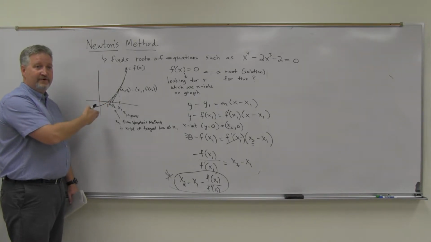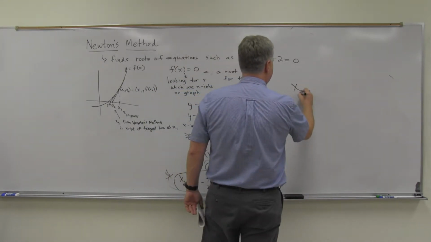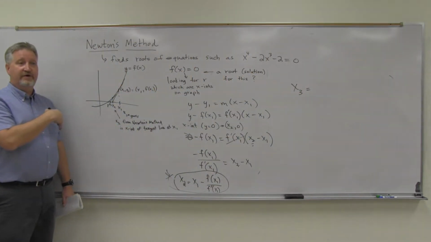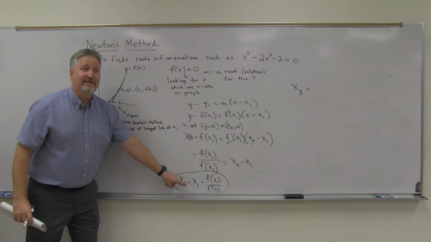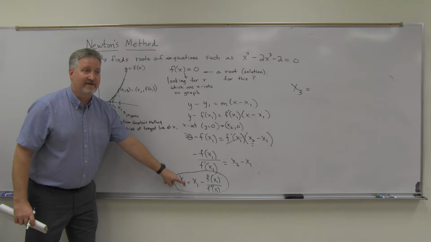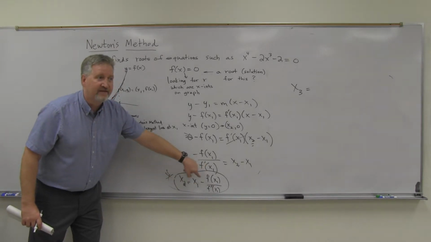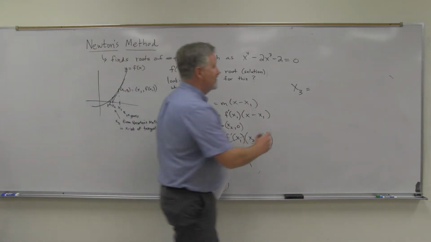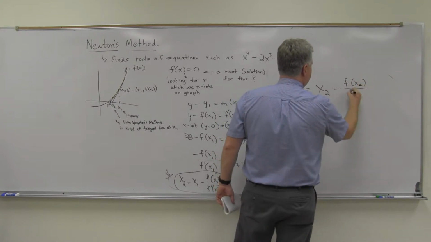Because of the way the tangent works. So guess what x3 is? It's a closer value to the root than x2 was. We go through the same thing, but it's going to be pretty much the same here as x2 was. x2 was x1 minus all that. x3 is going to be x2 minus f of x2 divided by f prime of x2.